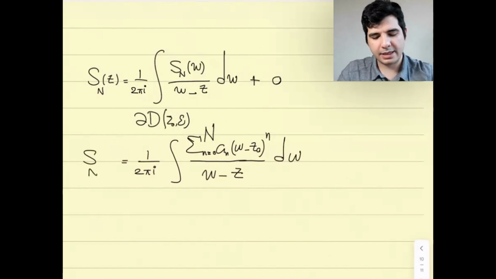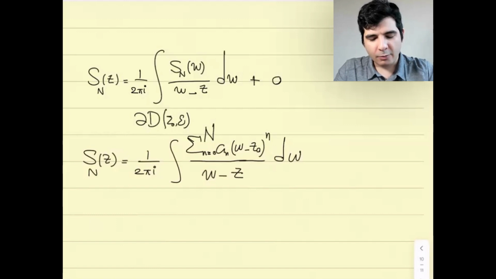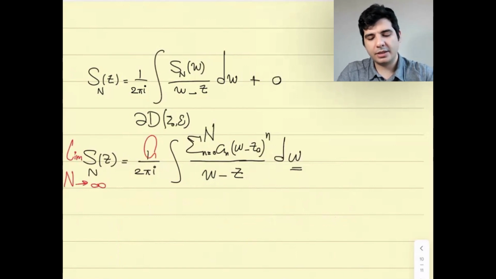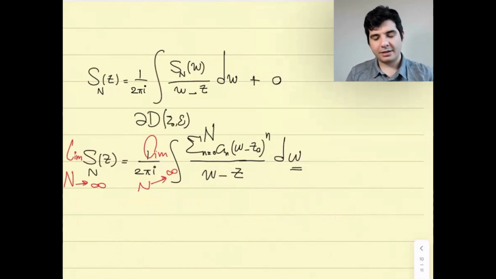This is equal to S_n of z, right? This is the formula we have. Now, what I want to do is take a limit from both sides. If these two are equal, their limits also should be equal. So I take the limit from both sides and send n to infinity. The left-hand side, just by definition, is f of z, right?